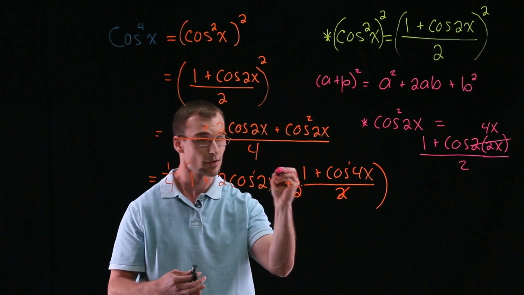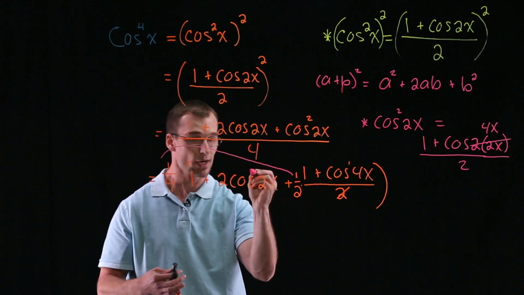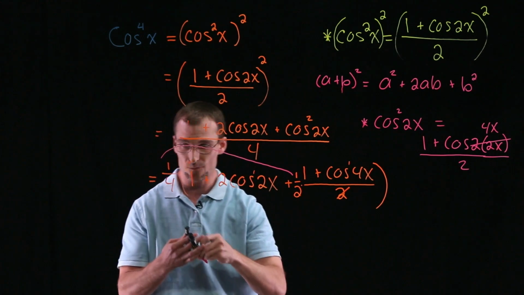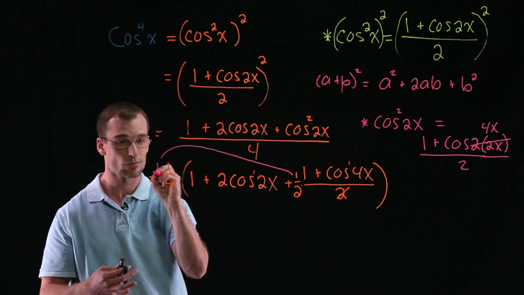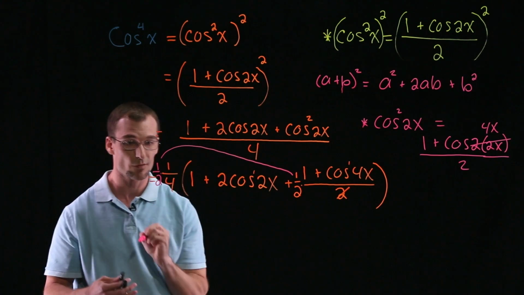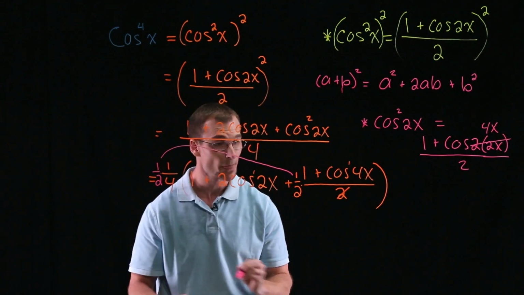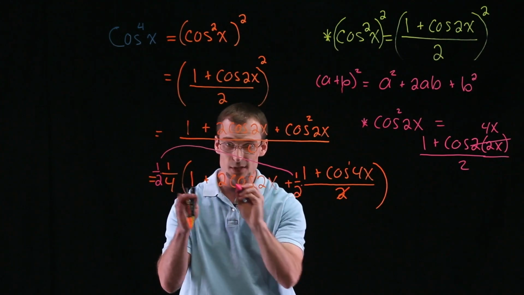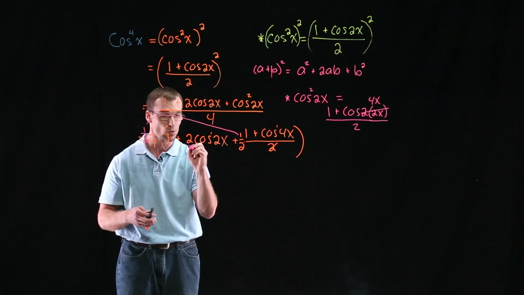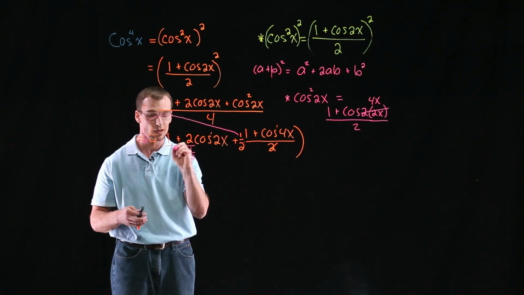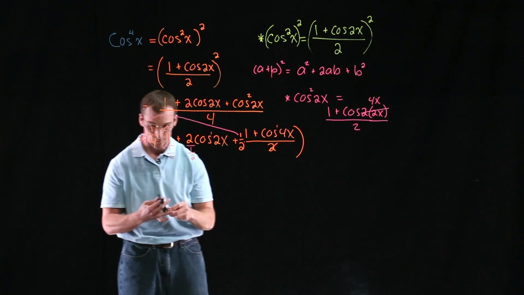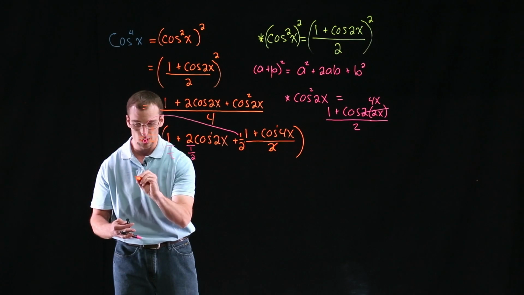So we're going to factor our 1/2 to the outside, giving us 1/2 times 1/4 out here. So we bring out the 1/2. Now what happens to these? So we're going to divide through our 2 by 1/2 and our 1 by 1/2. Okay, and what does that give us?